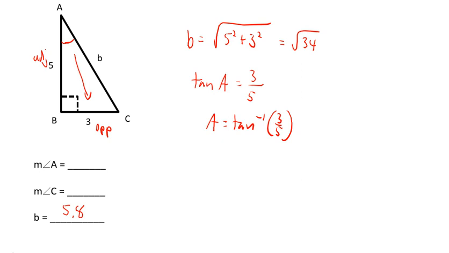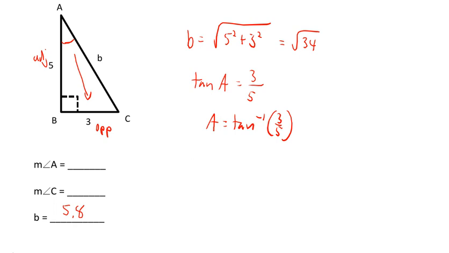And by the way, on this one, we want to be in degrees. So when you get to that last page of your test, go ahead and change your mode to degrees, because it does say to the nearest degree. Inverse tangent of 3/5 to the nearest degree is 31 degrees.